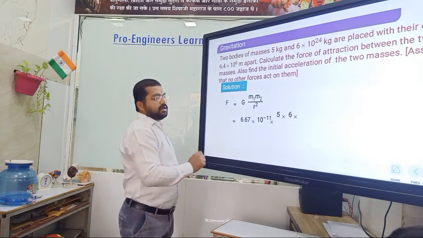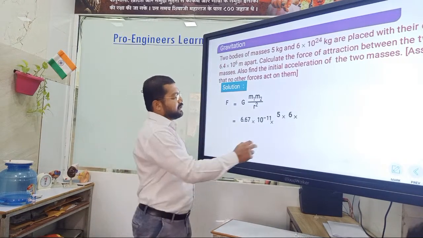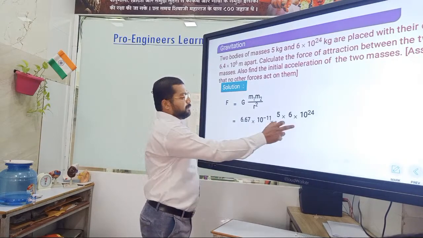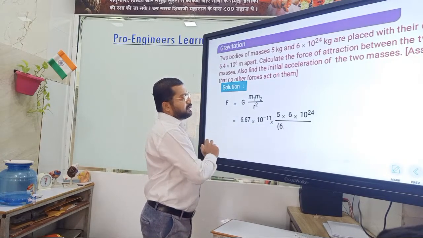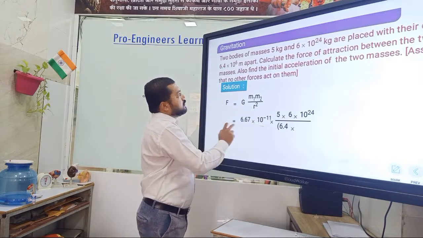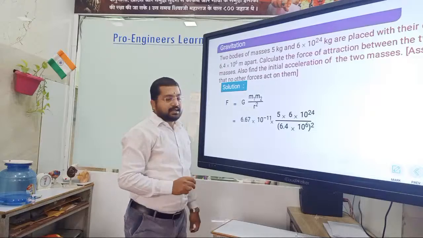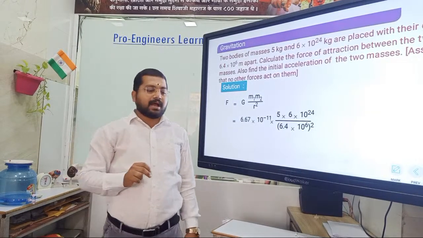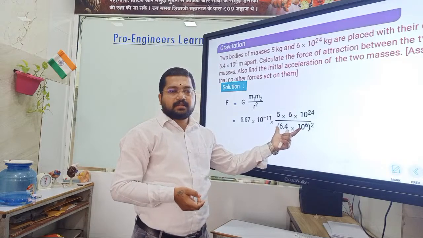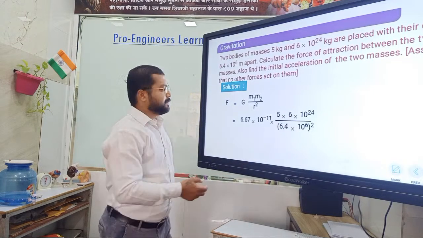Second is m1, that is 5 kg, and m2, that is 6 into 10 raised to 24, upon the distance between them, 6.4 into 10 raised to 6 meters. Looking at the formula, r square is there, that's why we have put the whole bracket squared over here.